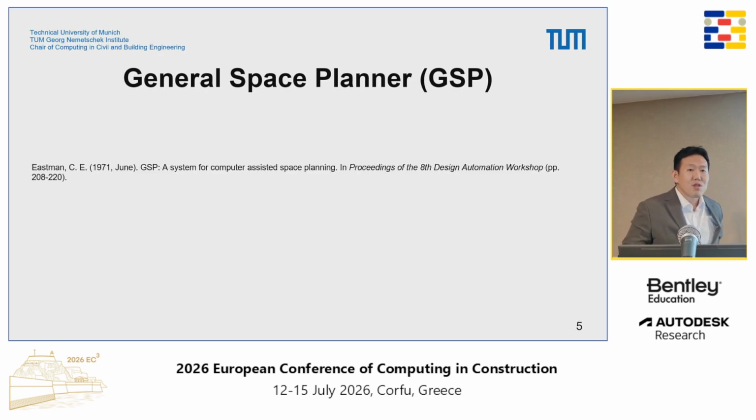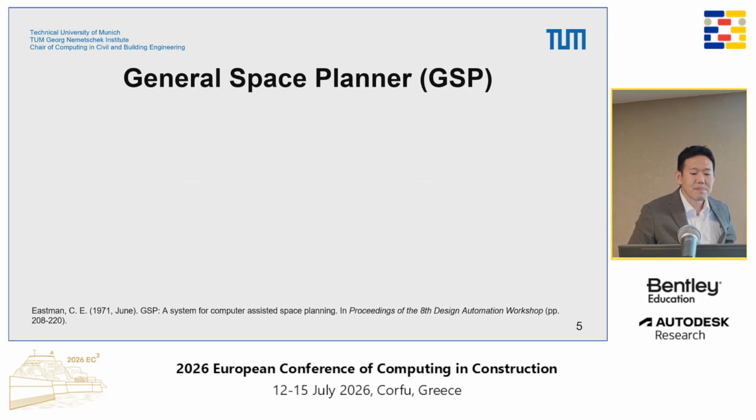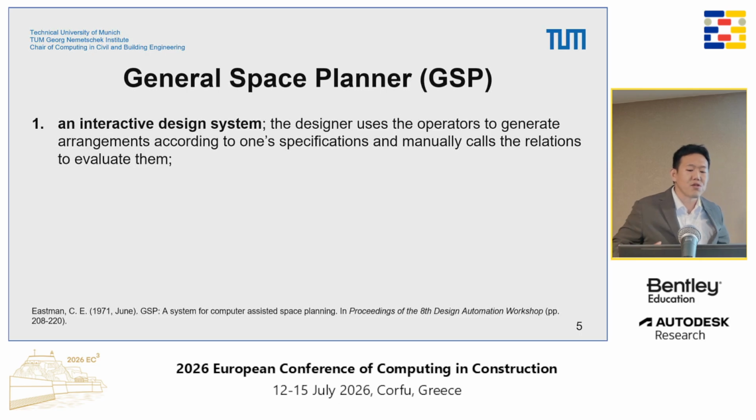Just to give some time to think, imagine how the system would look. I'll give you some description of the General Space Planner from the original paper. First, the General Space Planner, in short GSP, is an interactive design system in which the designer uses operations to generate arrangements according to one's specifications and manually calls the relations to evaluate.